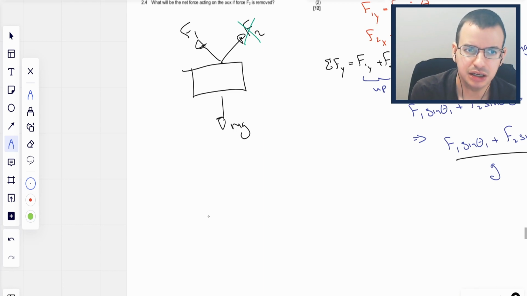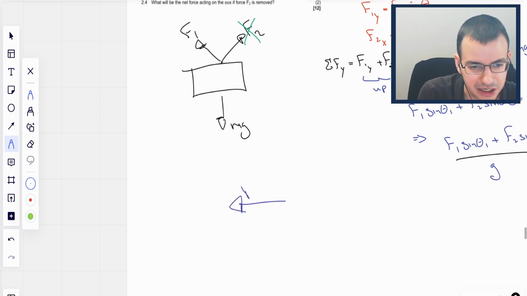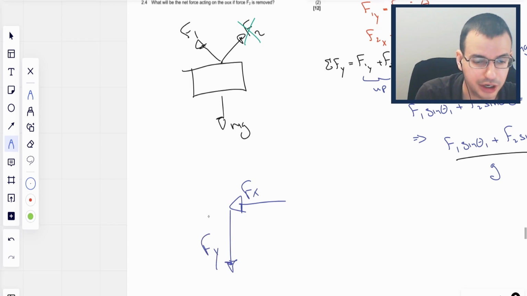Which way do things accelerate? Which way does it move? Intuitively, you're going to be like, oh, probably that way. And so we're going to look at it in two parts: a force in the X direction and a force in the Y direction.